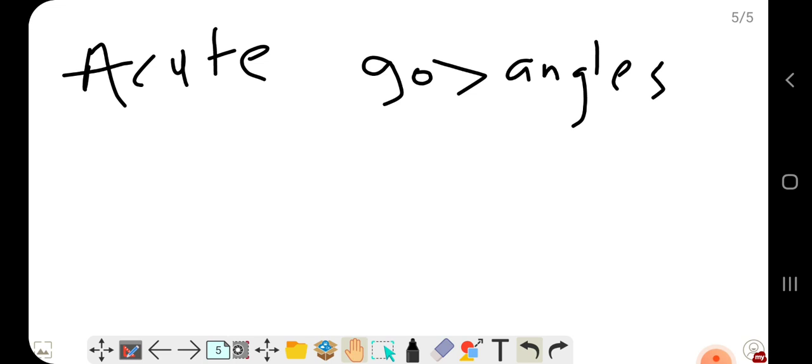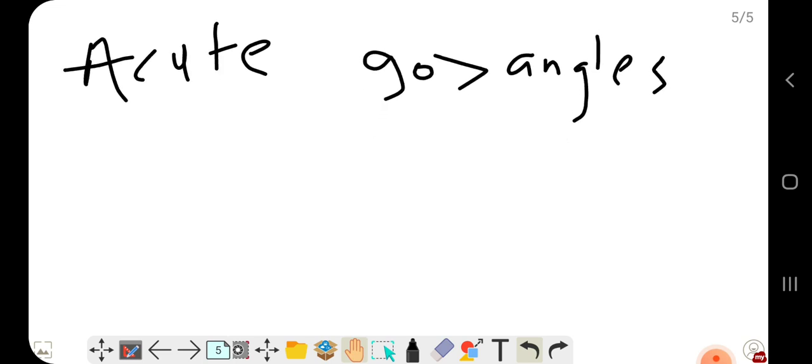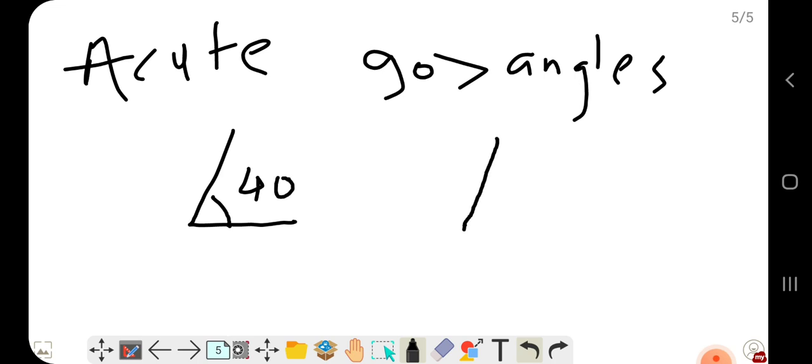So if I draw two angles which are less than 90, consider this angle is 40, and another angle is 50.